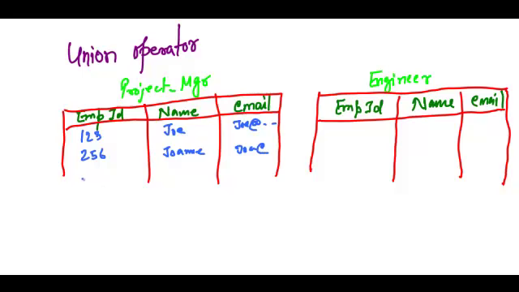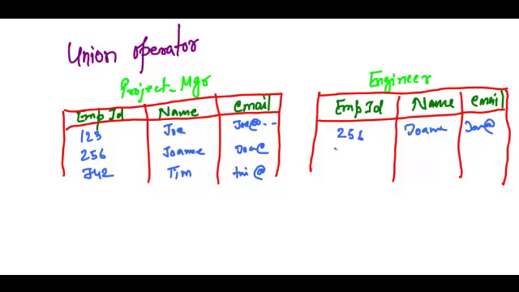Another employee ID is 742. Name is Tim and email is Tim at something. And also in engineer we have, say, Joanne. Oops, this is employee ID, right? So we'll have 256 Joanne, and it's Joanne at something.